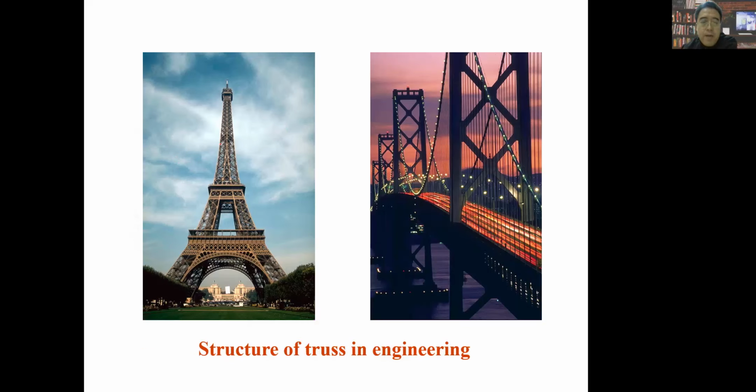They are very famous structures all around the world. Maybe you will know that, in France, the Eiffel Tower, right? It's a famous tower in France. And this may be a part of a very big bridge. There are a lot of structures constituted by this kind of truss in engineering.